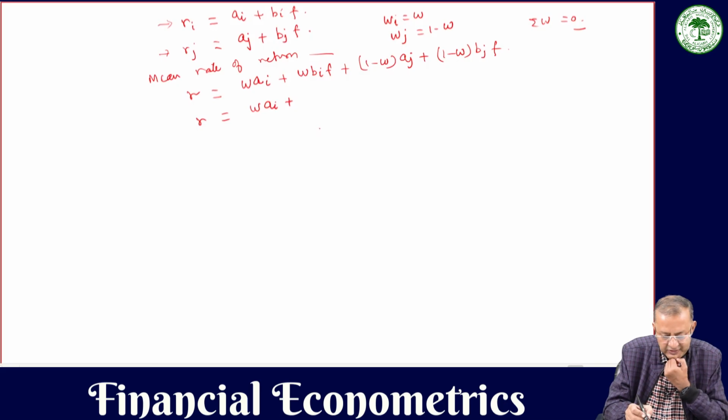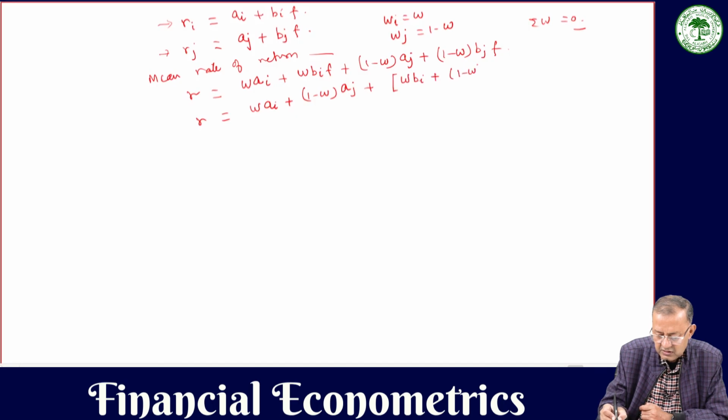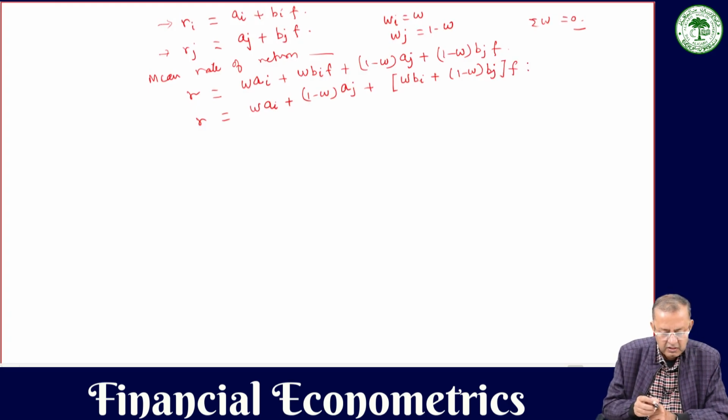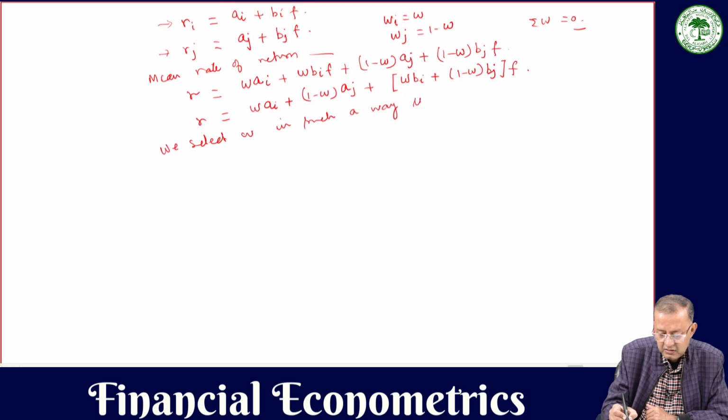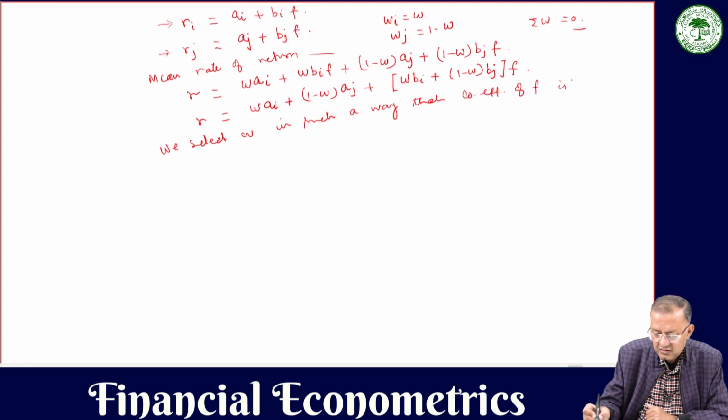So this can be rewritten as W Ai plus 1 minus W Aj, plus W Bi plus 1 minus W Bj into f. We select W in such a way that the coefficient of f is 0.